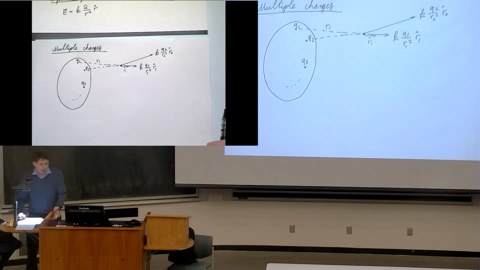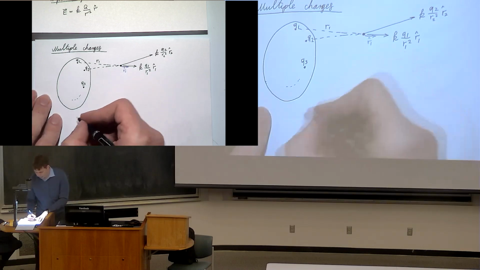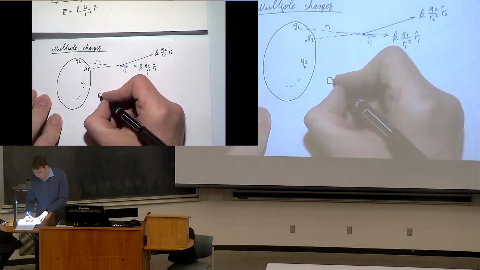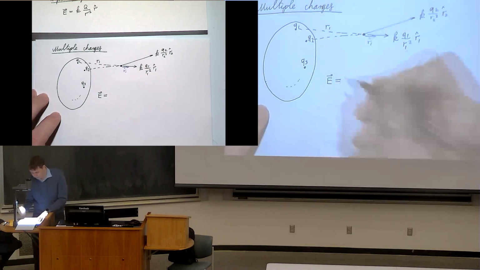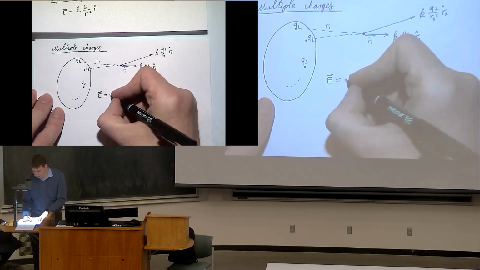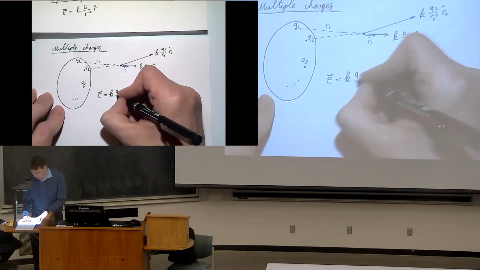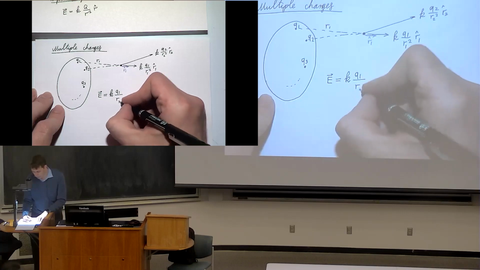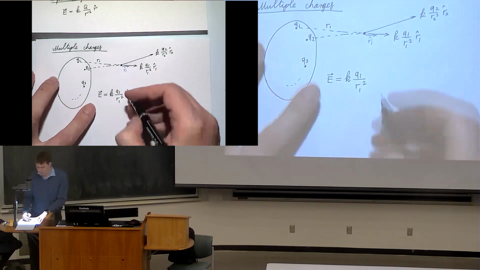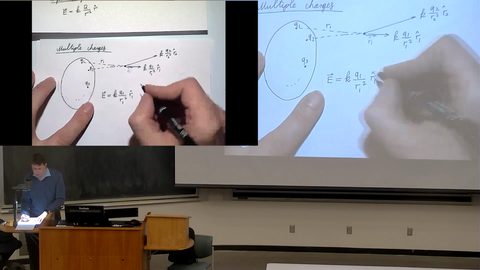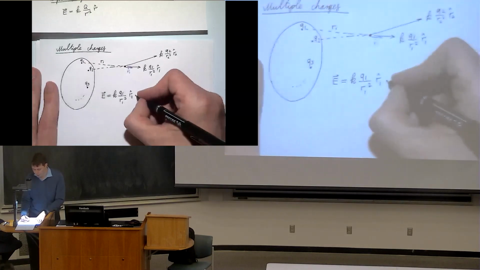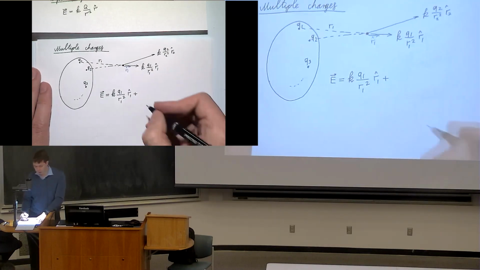And I can write actually a formula that I wrote at the end of the previous lecture. So the electric field of multiple charges is given by k Q1 over r1 squared r1 hat, so that's an electric field at a given point. r1 is the distance to it from charge 1.